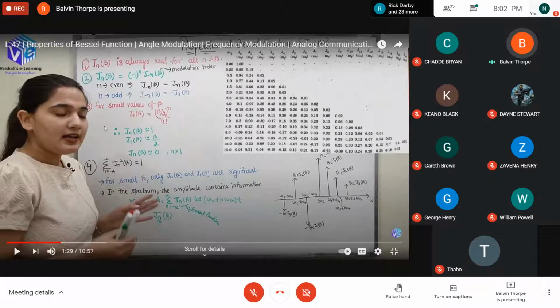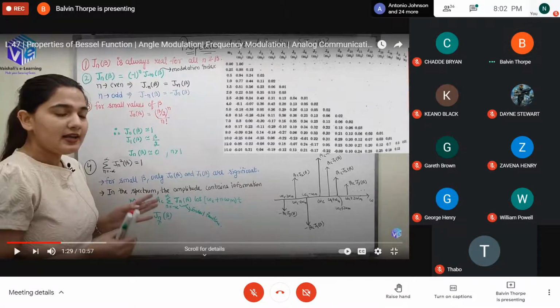This is a mathematical expression for the frequencies of two mixed signals. So with beta, the modulation index, you're going to find different J values, and the J values are going to be representing the amplitude of the modulated signal.